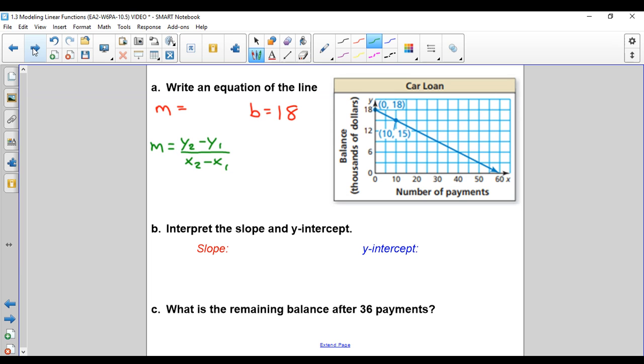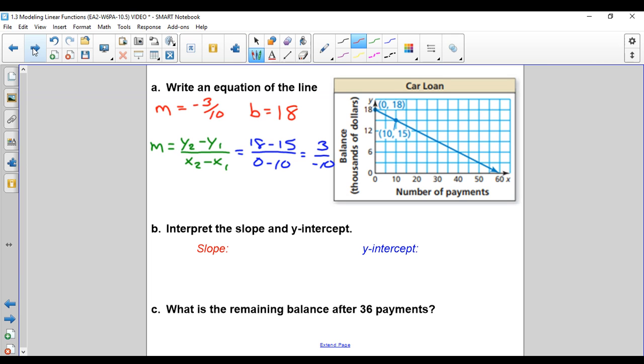We plug it in. I'm going to go with the y, so I'm going to go 18 minus 15. That means I have to go 0 minus 10. That gives me positive 3 over negative 10. That slope cannot be reduced, so my slope of this line is negative 3/10.